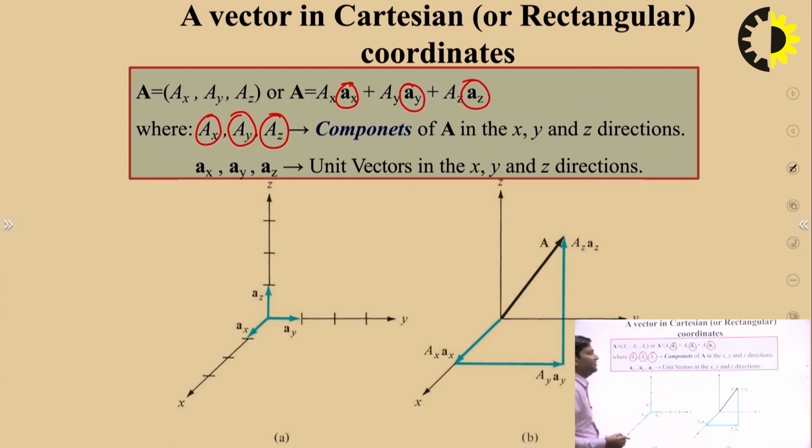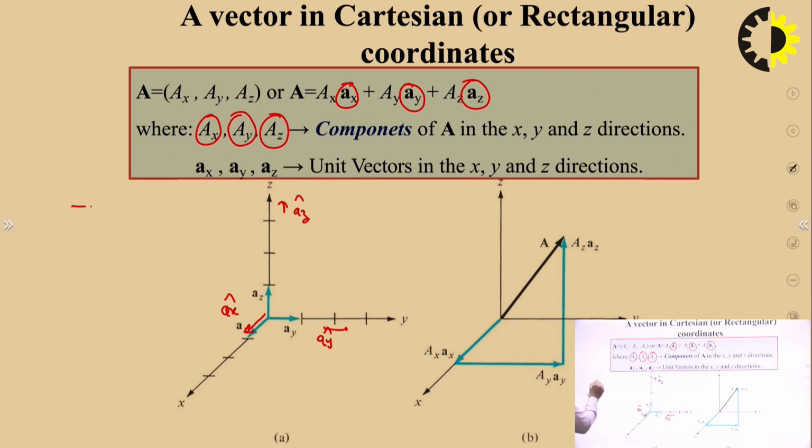So ax is the unit vector in the direction of x. Suppose we draw this Cartesian coordinate system in the x direction, y direction and the z direction. In the x direction the unit vector is ax, in the y direction ay is the unit vector, and in the z direction az is the unit vector.